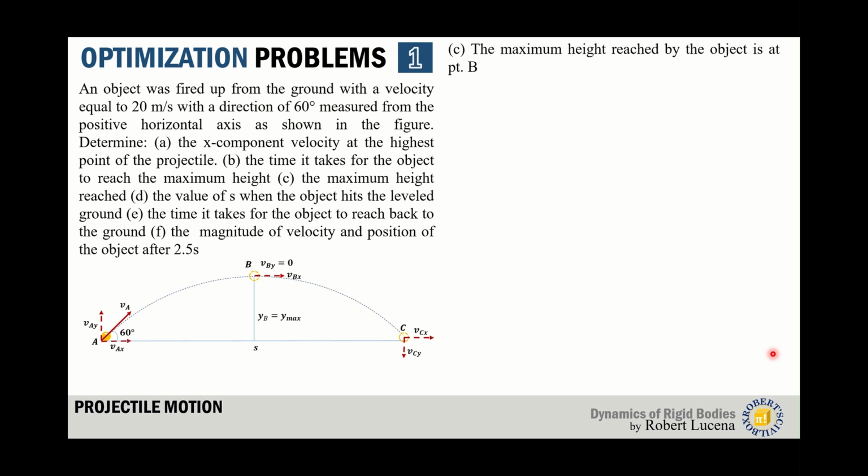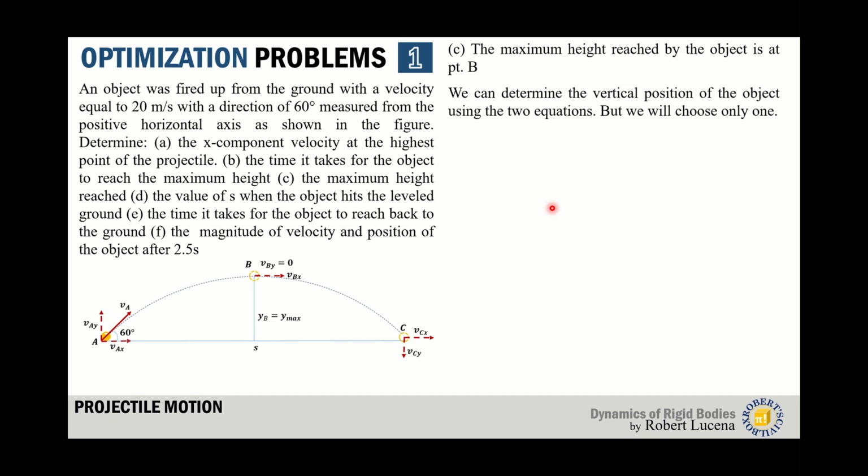question, the maximum height reached by the object is at point B. Third question, the maximum height reached. So we are to solve for the position of point B in terms of the y-axis, or the height. Again, we're talking about y-axis or vertical motion, so we will use the three equations of kinematics.